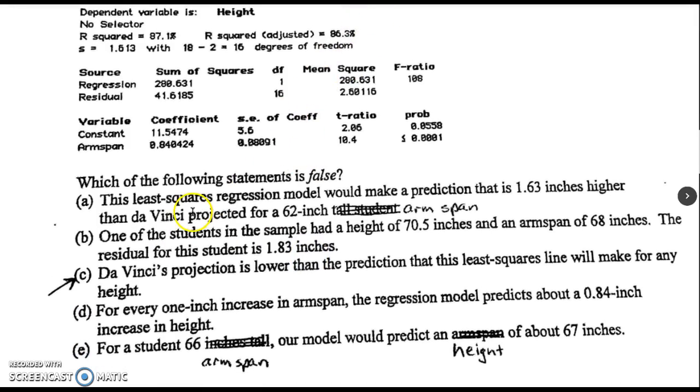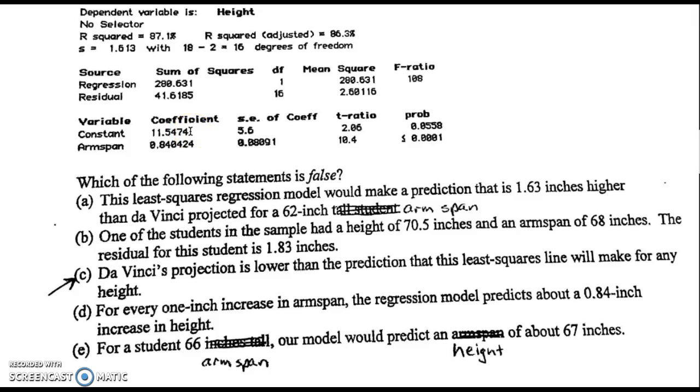So, the first one says this least squares regression model would make a prediction that is 1.63 inches higher than Da Vinci for a 62-inch arm span. If we look at this information, where on earth is the actual regression equation? The key is you need to look at this information right here. Your equation in general is y equals a plus bx.